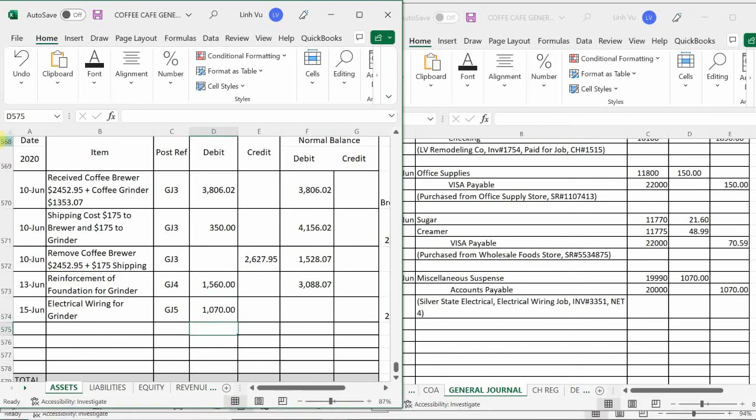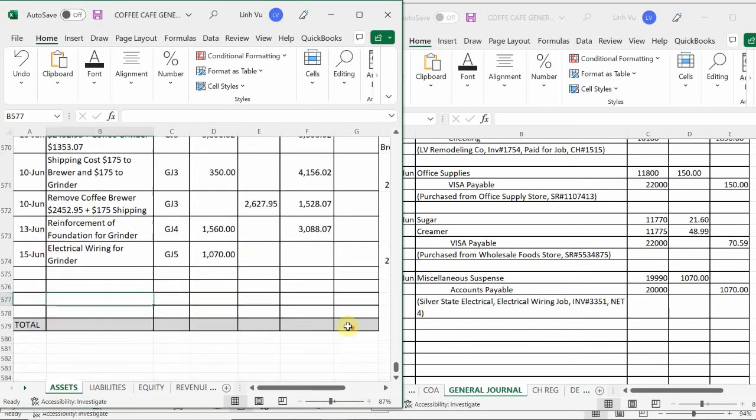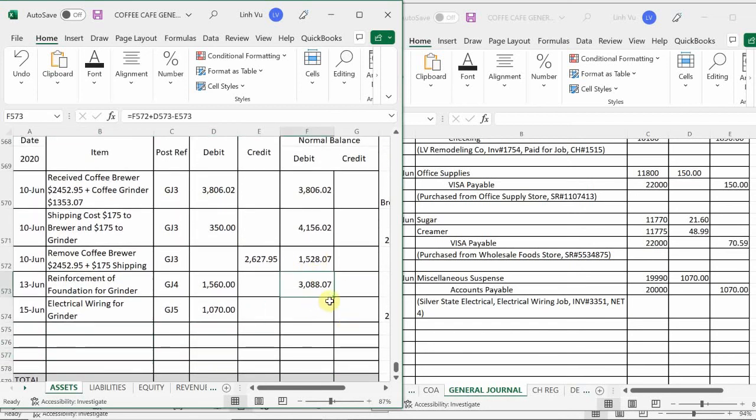Okay. So if I'm adding this to my miscellaneous expense account, how much is my grand total? $4,158.07. Okay, good.